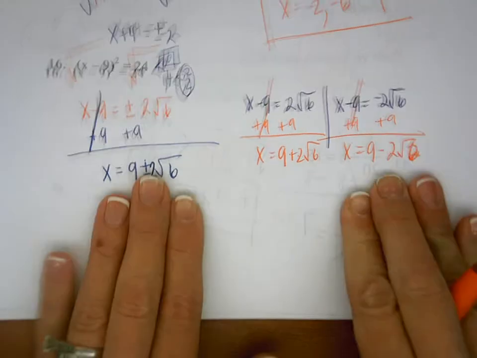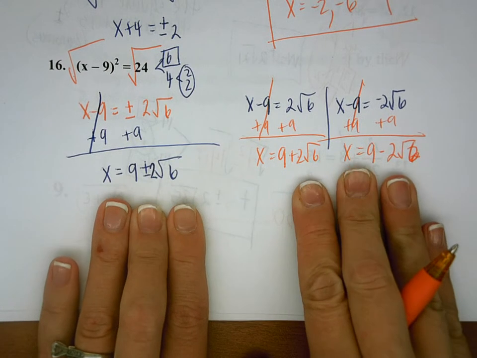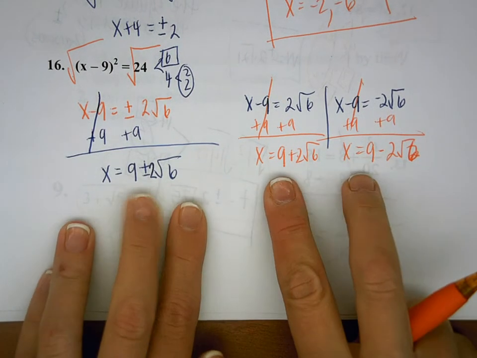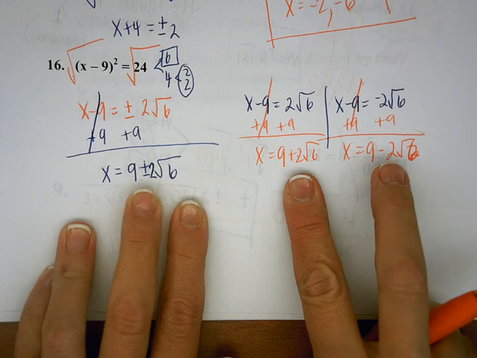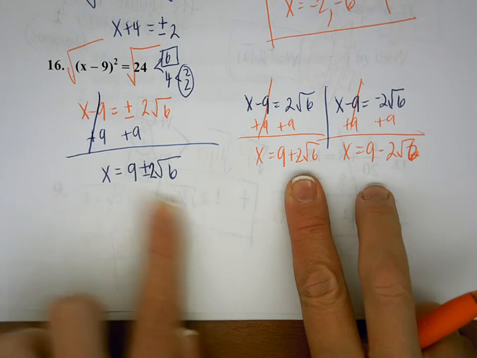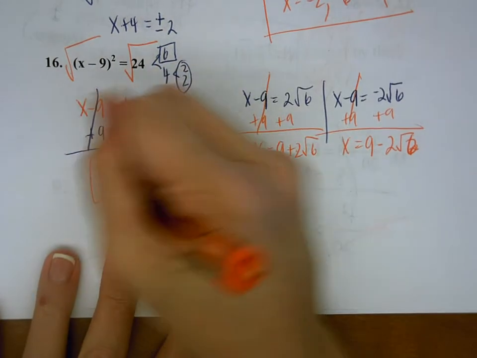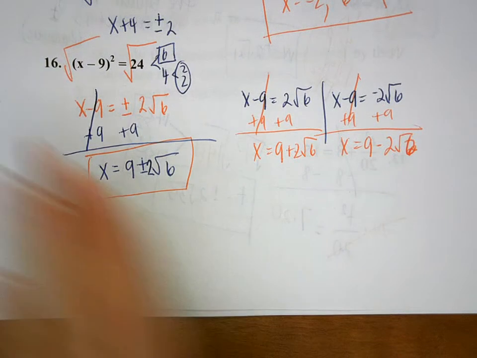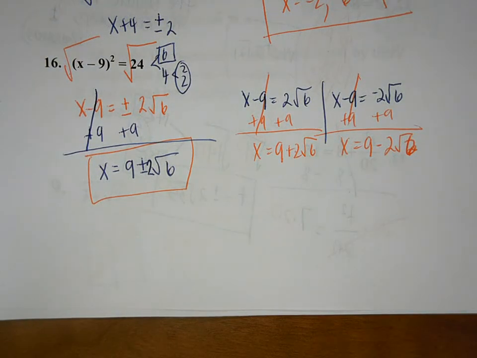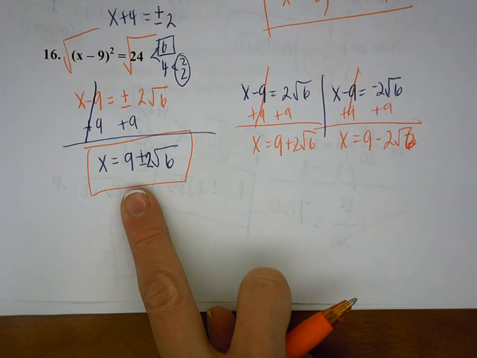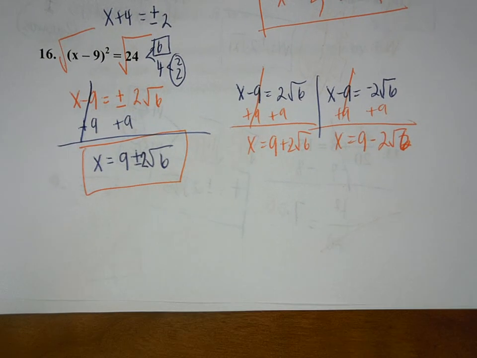Are these the same answers? Yes. So they both have the 9s. This is a plus, and this is a minus. We just wrote it as a single answer here. Okay? So if you want to separate it still, you can. But if you know that it's not going to end up being able to combine, you can leave it as the 9 plus or minus 2 root 6. Any questions?